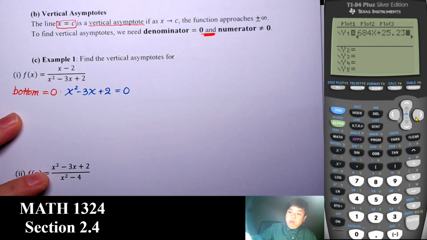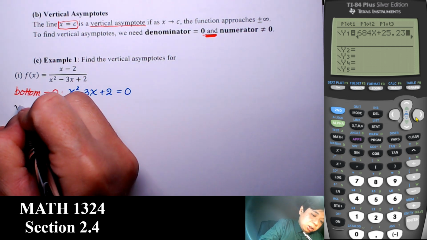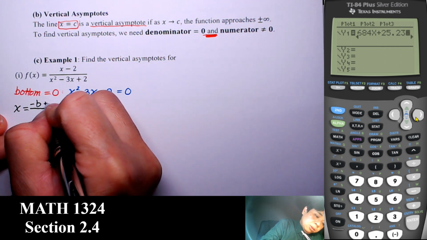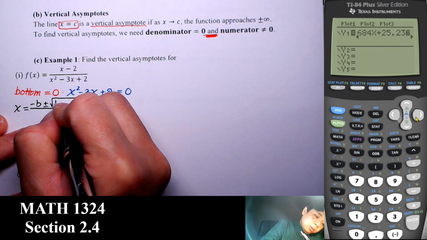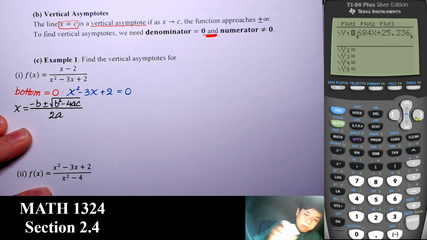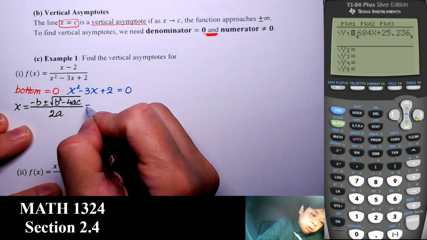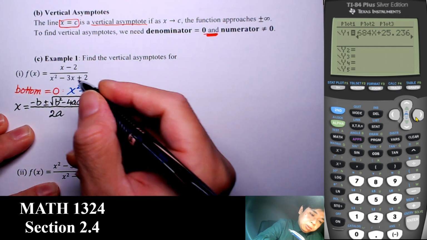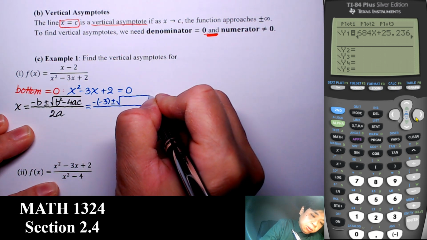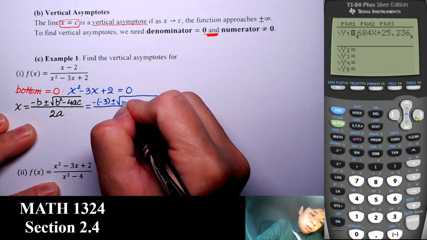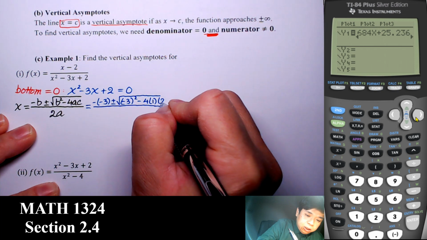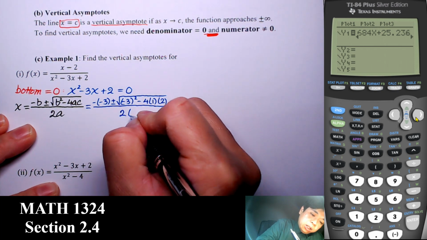Of course, there are different ways to solve for this, but let's just use the quadratic formula. B squared minus 4ac over 2a.